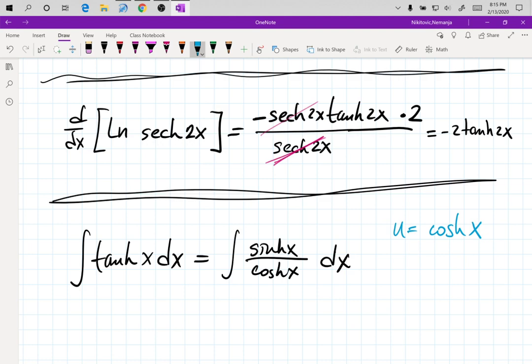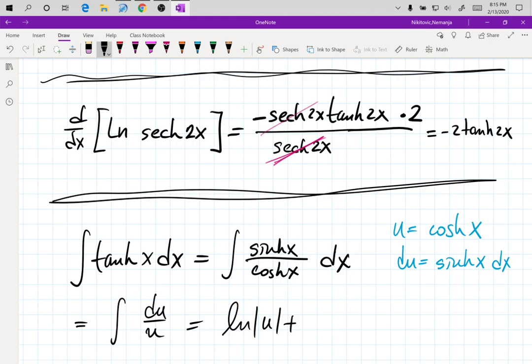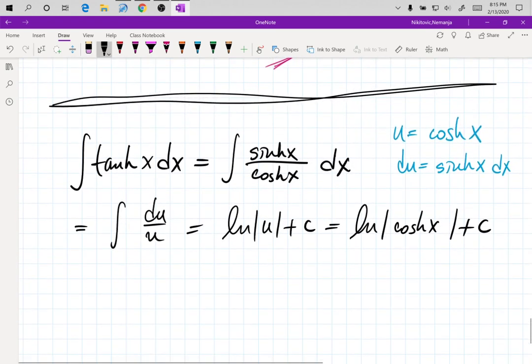So our du is sine hyperbolic x dx, which is exactly what we have in the numerator. So this whole thing is integral du over u, which is ln absolute u plus c, which is ln of cosine hyperbolic x plus c. Is this the way we should leave it?